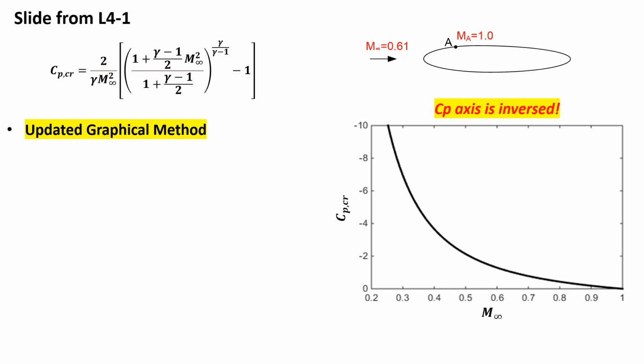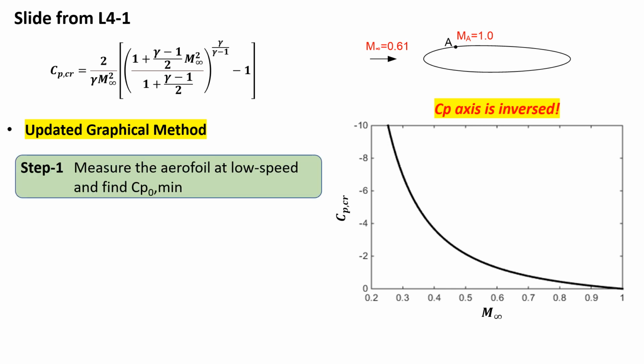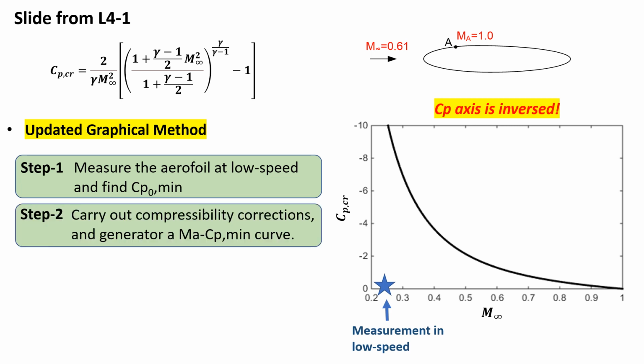Okay, so now the updated graphical method. Step 1 is to measure the airfoil at low speed and find the CP0 minimum. So we can do such a measurement and get the minimum pressure coefficient. And step 2 is to carry out compressibility corrections and generate a MACP curve.